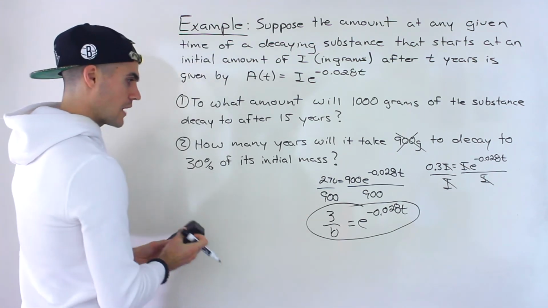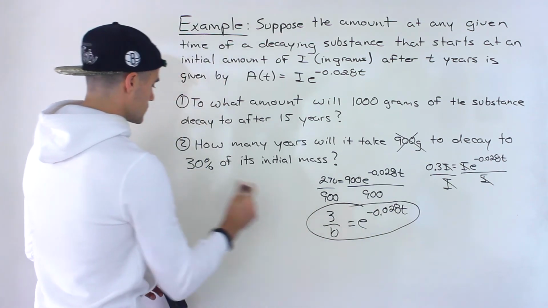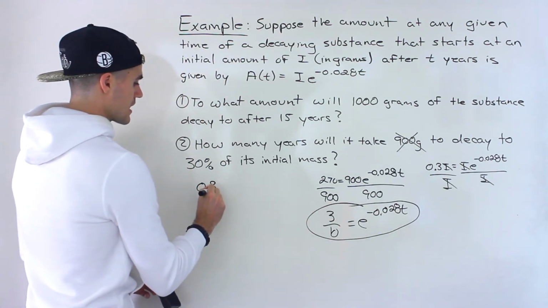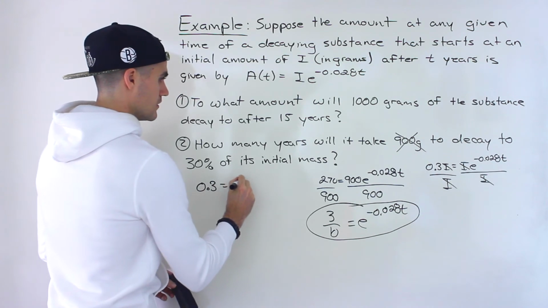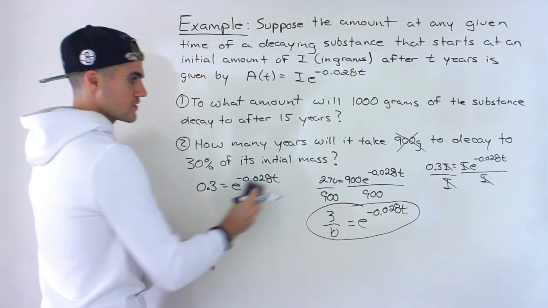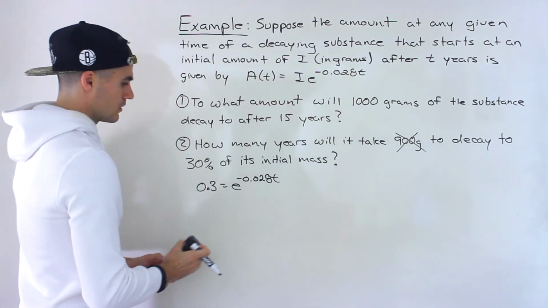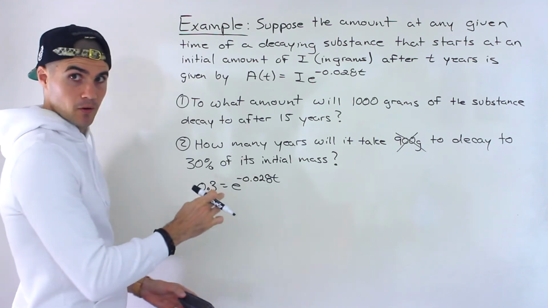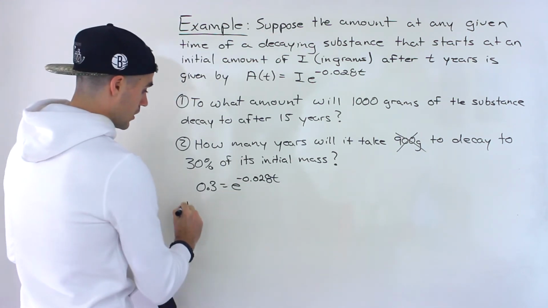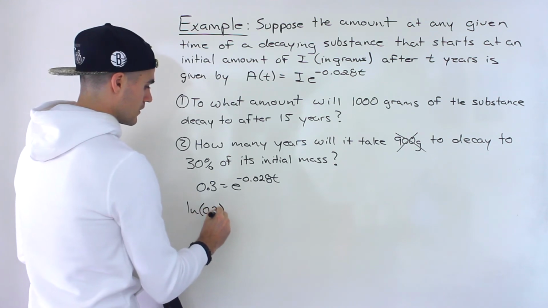So I'm actually going to keep it in decimals just because we have decimals here. So I'll keep the left side in decimals. So we have to solve for this t over here. So how are we going to do that? Well, we need to bring this exponent down. So what we would do is we would ln both sides, right? Because we have a base e over here.